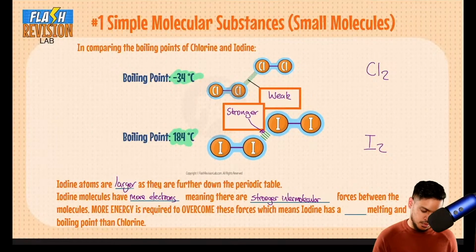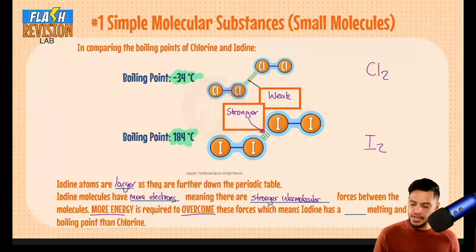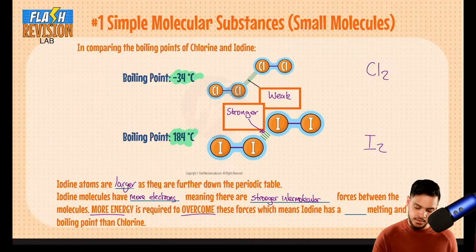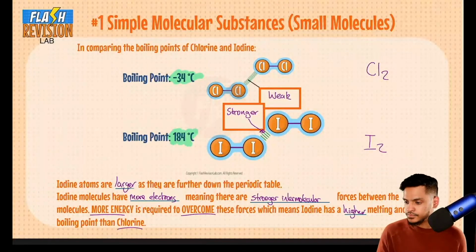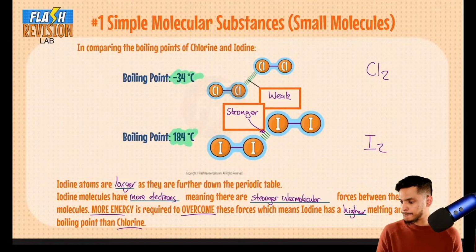So that means more energy is required to overcome these forces, which means iodine has a higher melting and boiling point than chlorine. Hope that makes sense, guys. Let me know if there's anything you want me to re-explain.